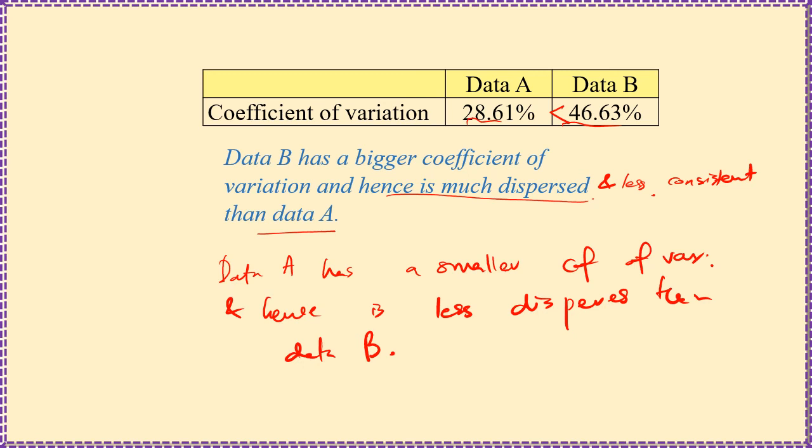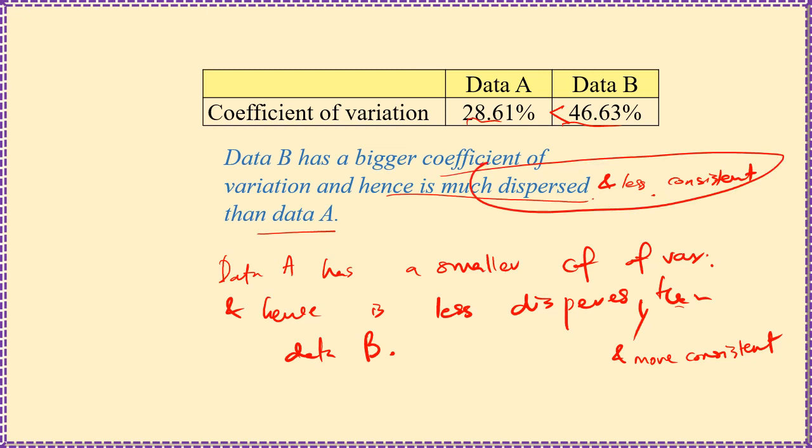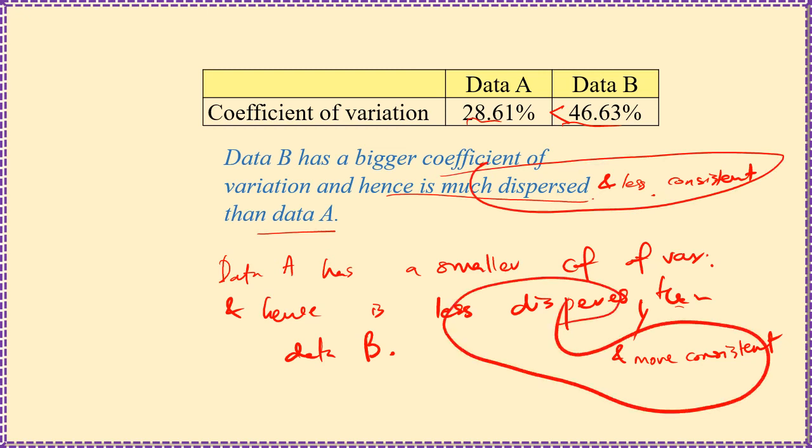For this one, less dispersed and more consistent. You can put these two things. Much dispersed means less consistent. Less dispersed will be more consistent. Okay, so that's all for the data distribution.